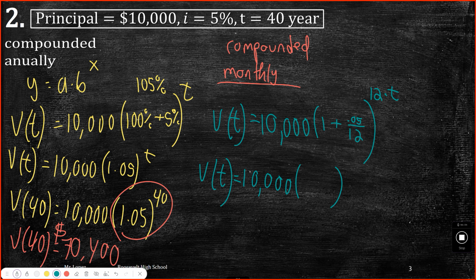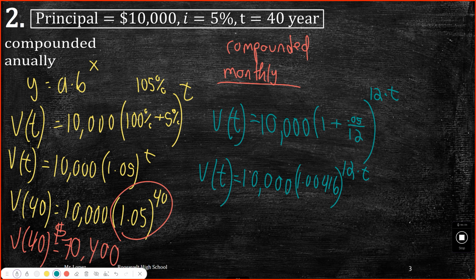Okay, so I'm getting 1.0416. I mean, you want to keep all the numbers. If you're that greedy, you probably want to keep all the numbers. So let's go 12t. It goes forever, 6, 6, 6, 6, 6, goes forever.